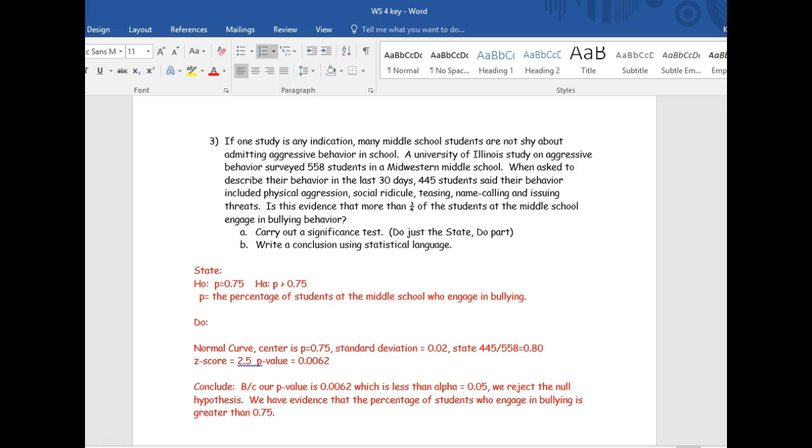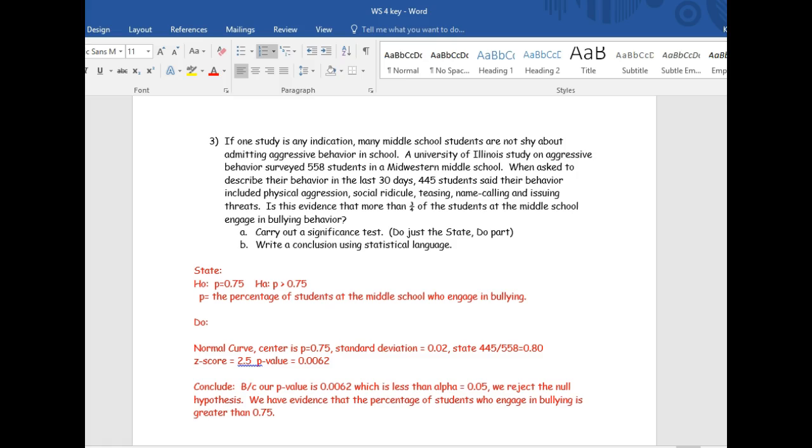A University of Illinois study on aggressive behavior surveyed 558 students in a Midwestern middle school. When asked to describe their behavior in the last 30 days, 445 students said their behavior included physical aggression, social ridicule, teasing, name-calling, and issuing threats. Is this evidence that more than 3/4 of students at the middle school engage in bullying behavior?